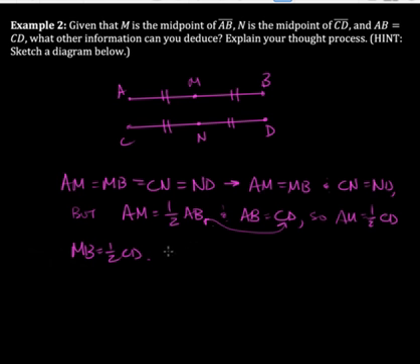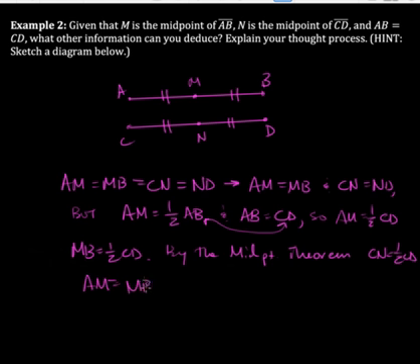But I also know by the midpoint theorem, that thing we just proved on the previous page in example 1, CN is also half of CD. So if AM is half of CD, and MB is half of CD, and CN is half of CD, then I know that AM equals MB, and it also equals CN, because they all equal half of CD.